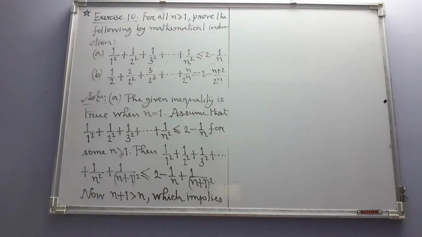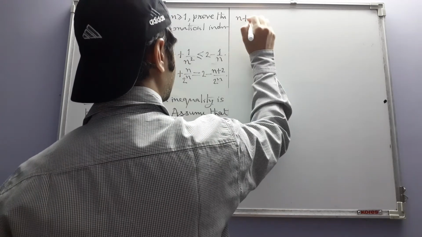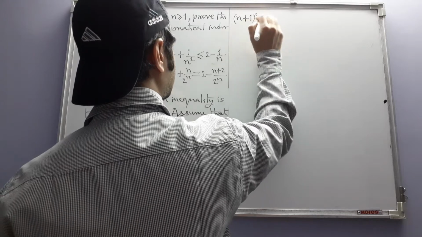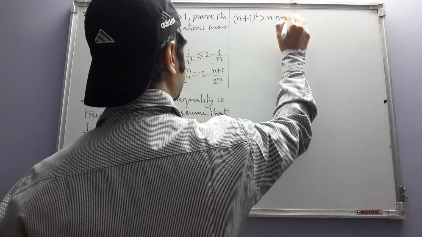multiply on both sides by n plus 1. We can do that without reversing the inequality, because n plus 1 is positive, which implies n plus 1 whole square is greater than n times n plus 1.